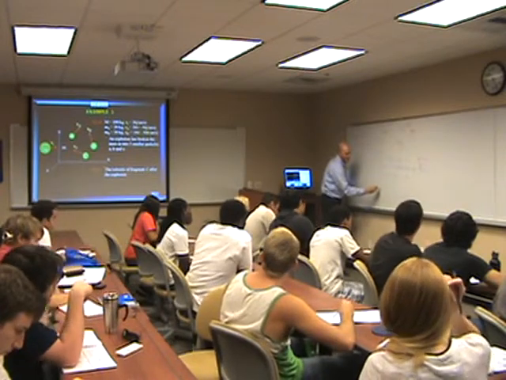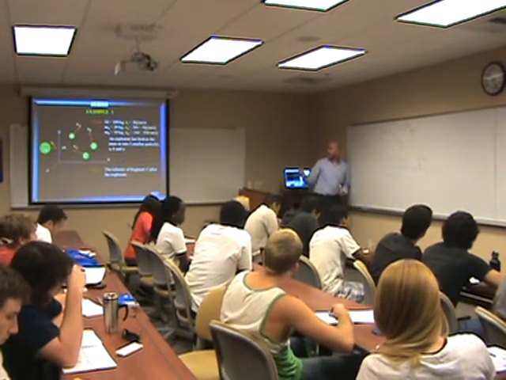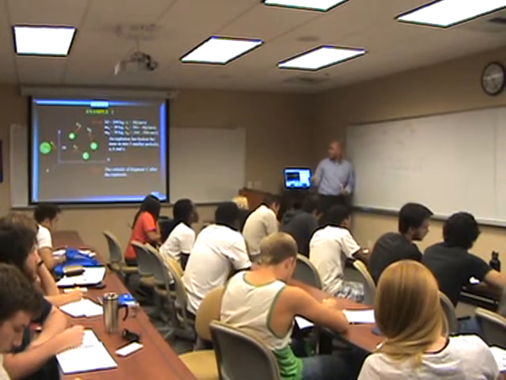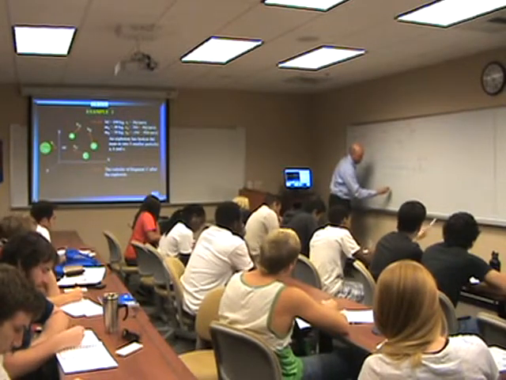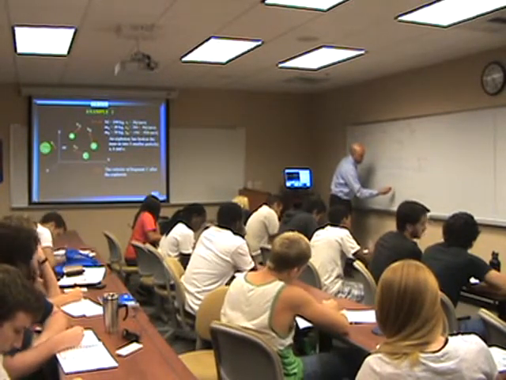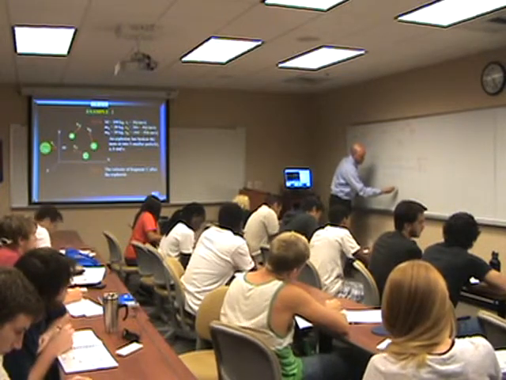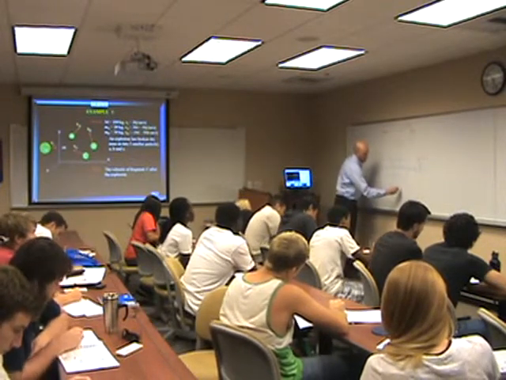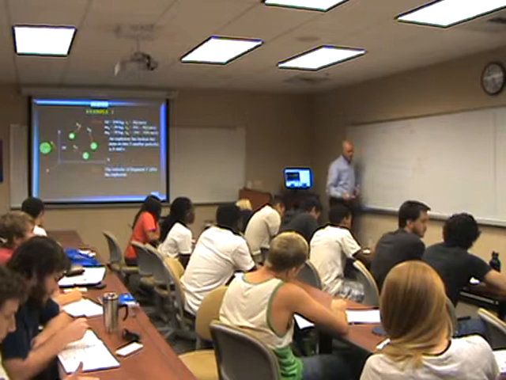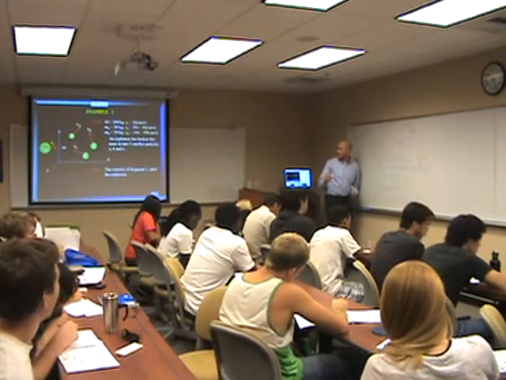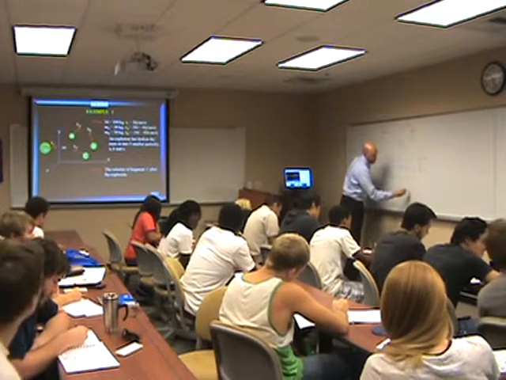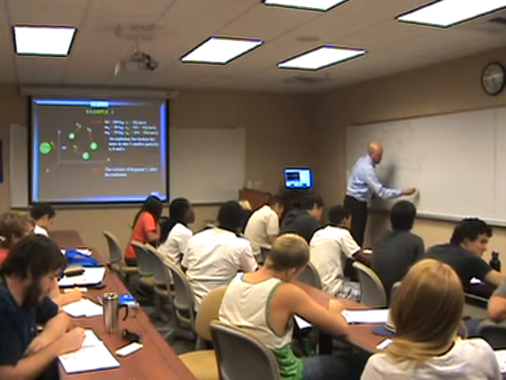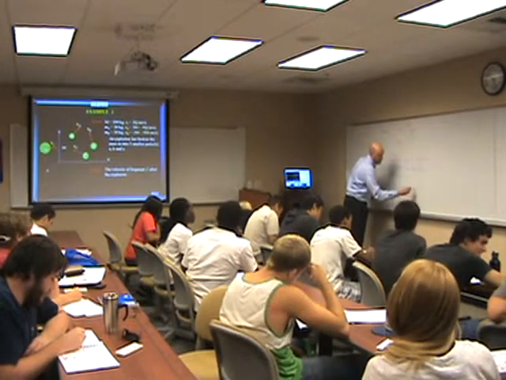So now we have our 100 kilograms times 20 is equal to 20 kilograms times 50 meters per second plus 30 kilograms times minus 30 meters per second plus 50 kilograms times what?